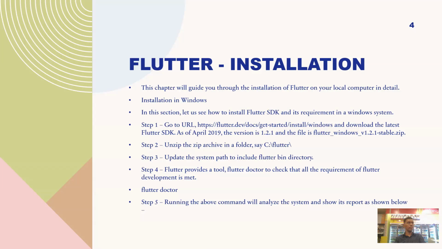Step 3. Update the system path to include the Flutter bin directory in the ~/.bashrc file. export PATH=$PATH:/path/to/flutter/bin. Step 4. Enable the updated path in the current session using the below command and then verify it as well. source ~/.bashrc, source $HOME/.profile, echo $PATH.